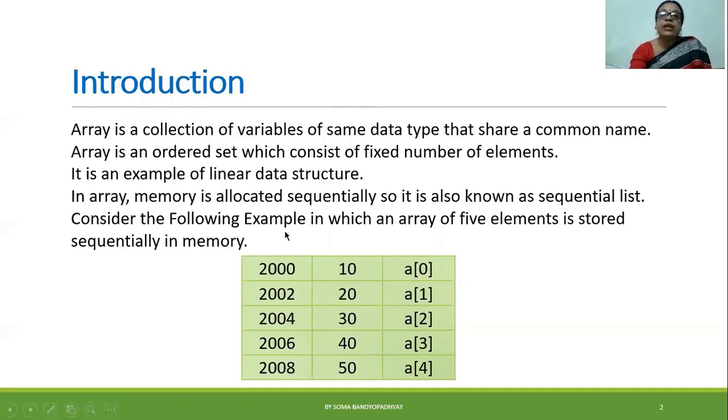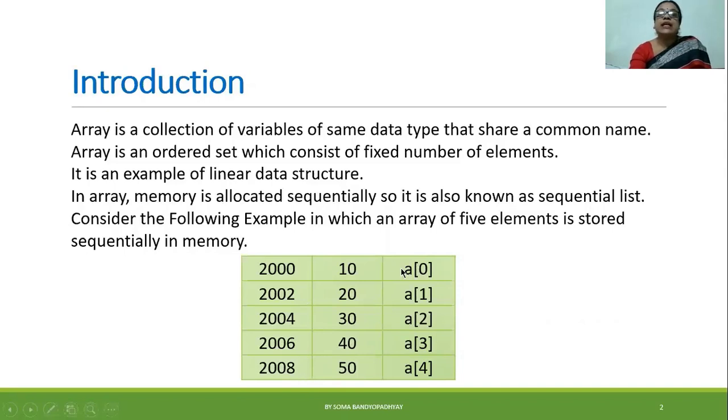Consider the following example in which an array of 5 elements is stored sequentially in memory. Here the 5 elements 10, 20, 30, 40 and 50 are stored sequentially in memory locations 2000, 2002, 2004, 2006, 2008.